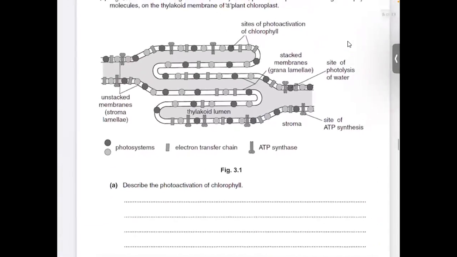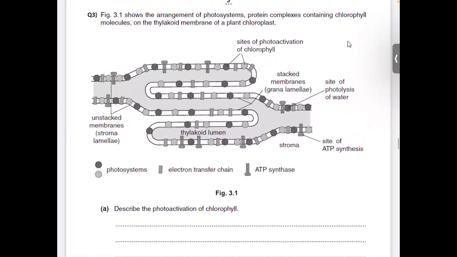There you go. I'm going to have to revise my photosystems. So basically what I can talk about is how our photosystem contains accessory pigments. These accessory pigments absorb light. When our pigment absorbs this light, it's excited, right?